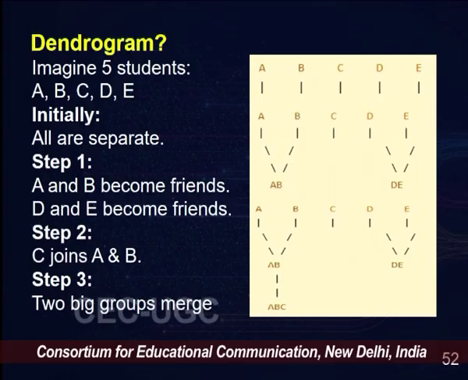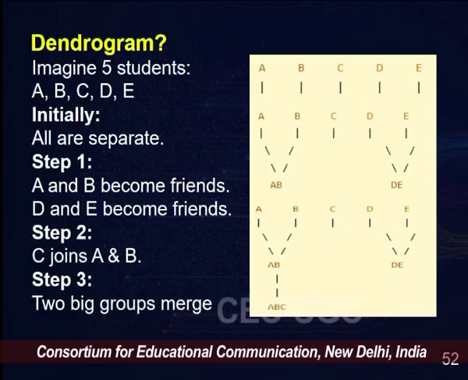Similarly, in the same step you can see that D and E are also friends, so they got merged together. We started calling them a new merged group, AB, and similarly the next group would be DE in this diagram. In step 2, the next stage, we are coming from top to down.